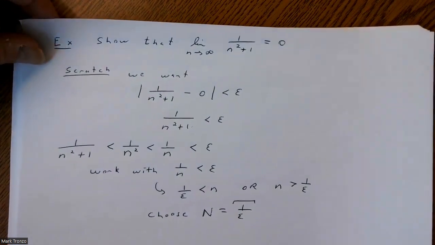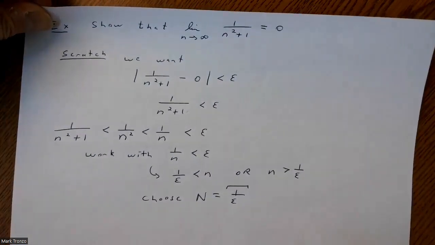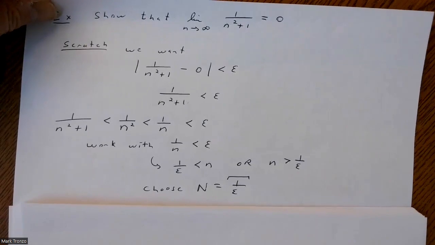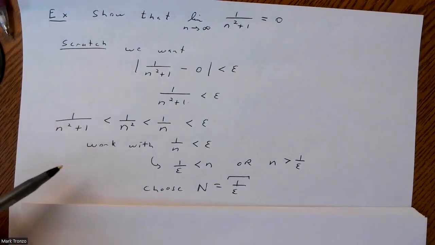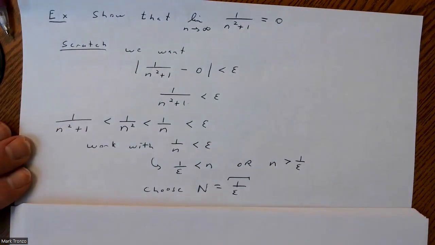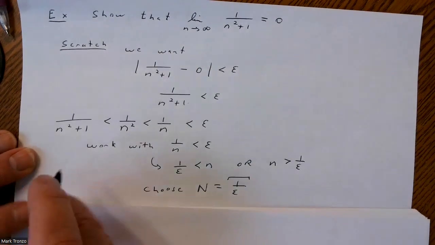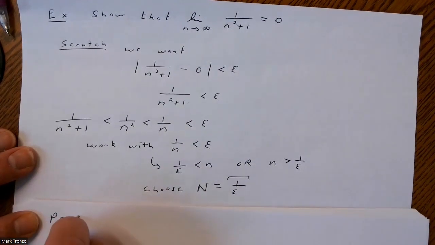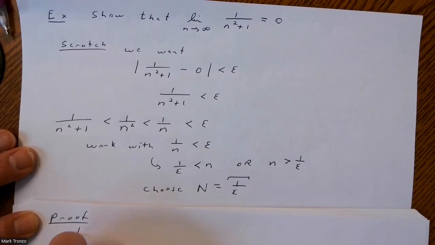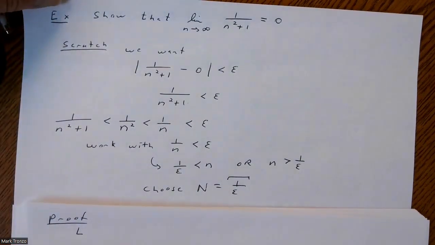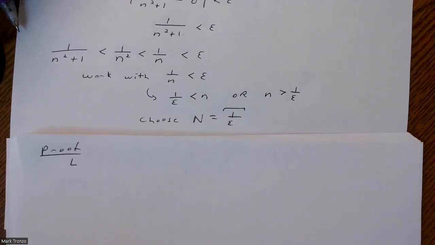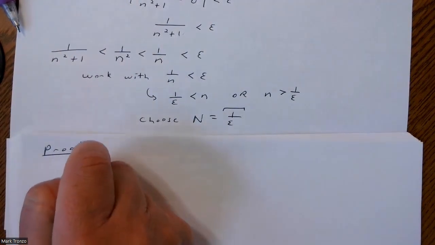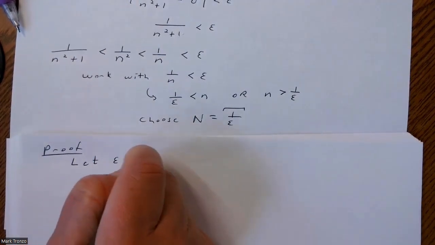And so now we do the proof. We're kind of going to go backwards. We're going to need to more or less use all these same steps to work backwards. So the proof, once again, starts with, let me move this up a little bit here: let epsilon be greater than 0.